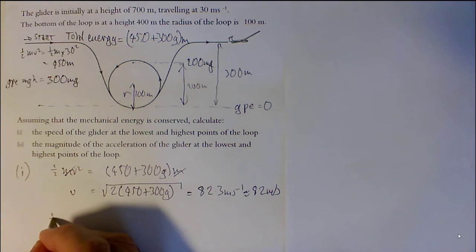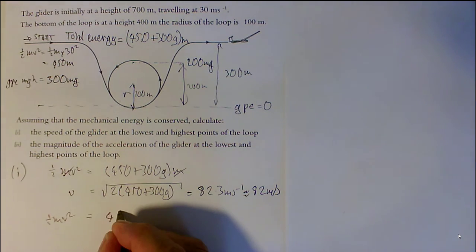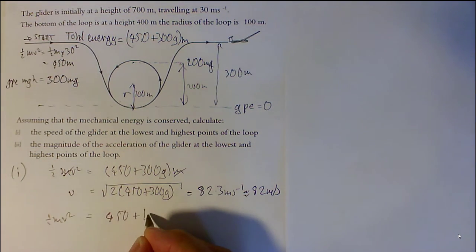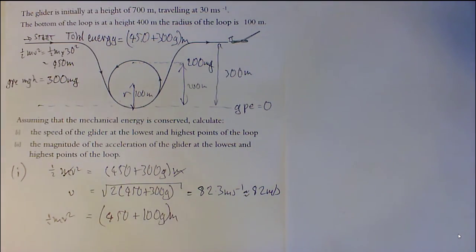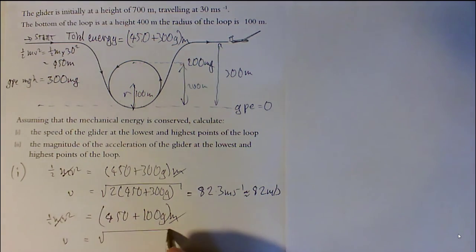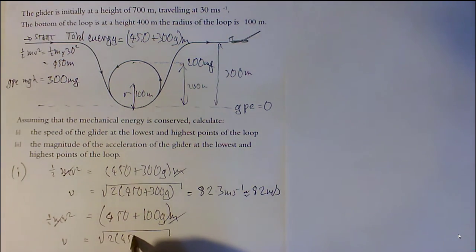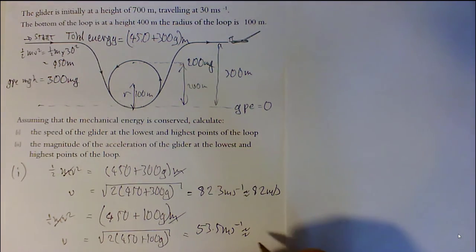So a half mv squared is now 450 plus 100g times m. The m's go. v equals the square root of that. And I reckon that comes out at 53.5 meters per second. Actually, it rounds down to about 53 meters per second.